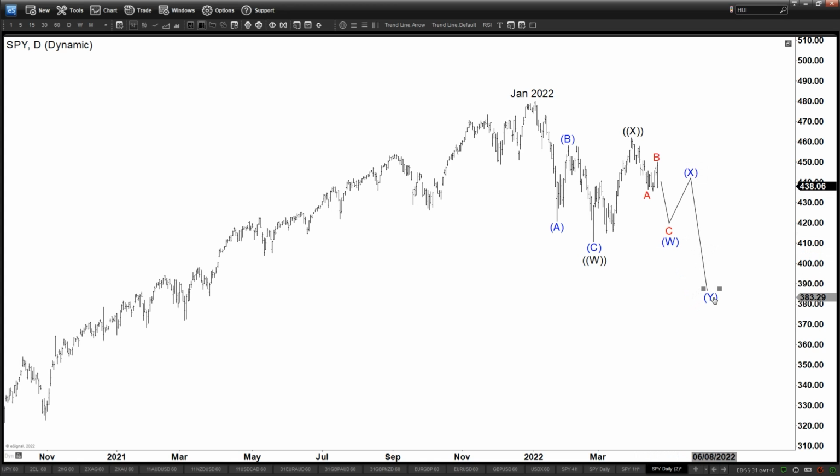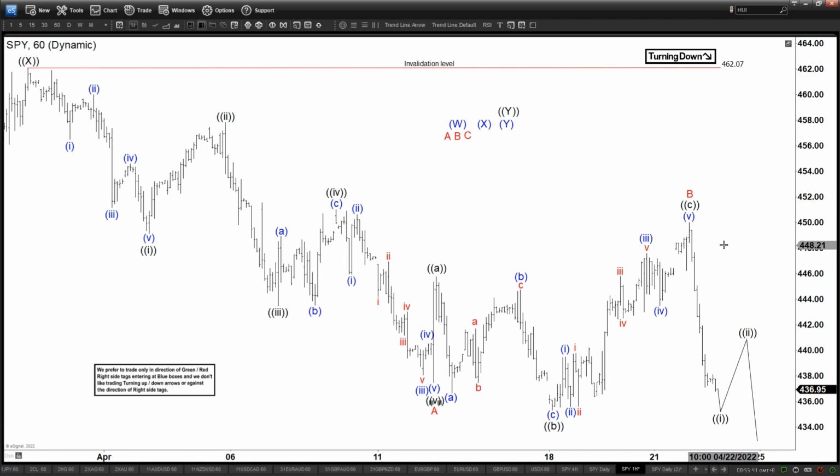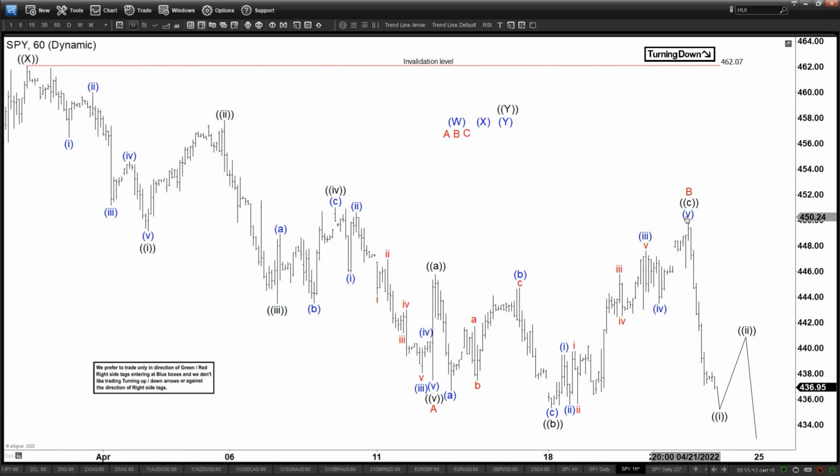So short term, medium term, long term, what are we looking at here? Well, in the short term, we are looking for the downside. Technically, while we don't break above this B, we should be looking for more downside. It's very simple. Of course, a rally can happen, like this wave 2 can happen first, there's no question on that.